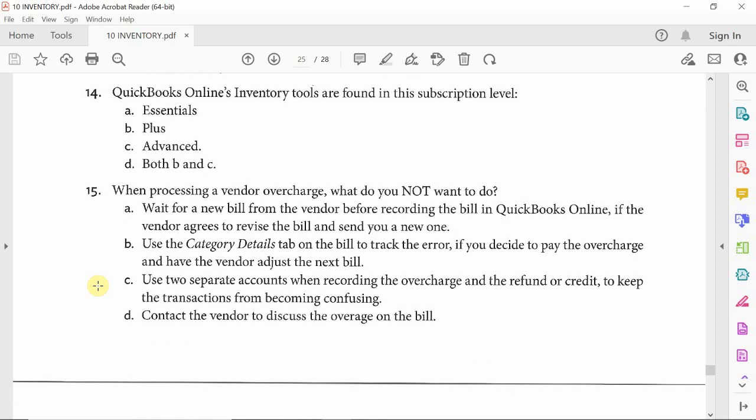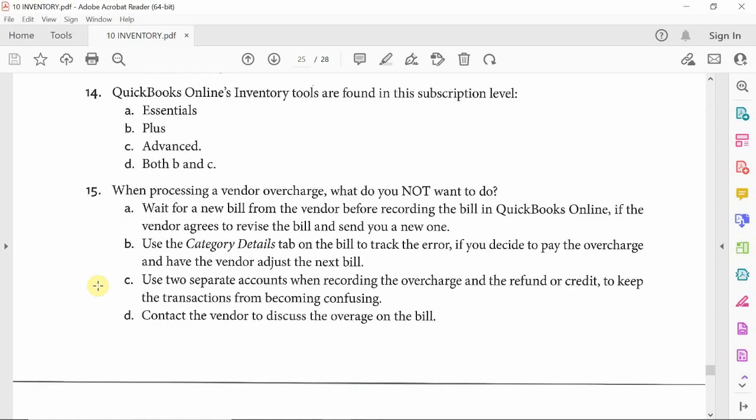If I remember correctly, the one you do not want to do is B: use the category details tab on the bill to track the error, and if you decide to pay for the overcharge, have the vendor adjust the next bill.